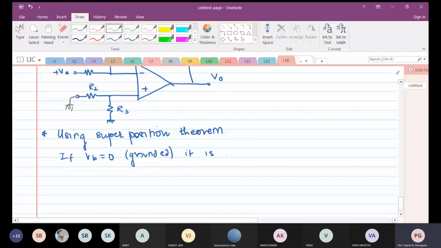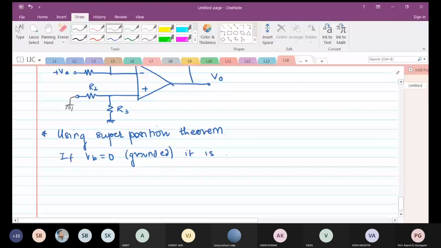But what is this Vx? How do I get Vx? This is a simple potential divider. So tell me, what is the value of Vx? Vb into the potential divider equation.